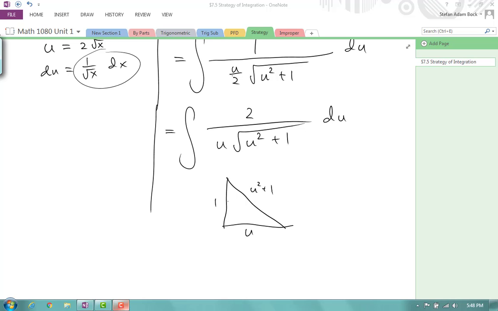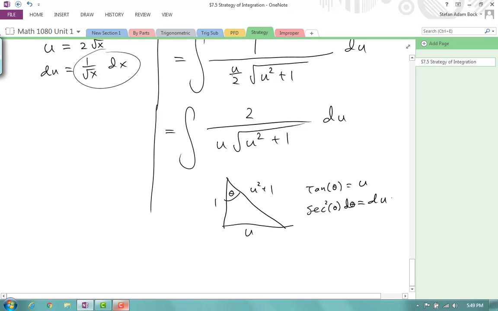I like tangent, so let's let this be my angle theta. That way tangent of theta is equal to u divided by 1. So if I take that derivative, secant squared of theta d theta is equal to du. And just for good measure, the hypotenuse divided by the adjacent would be secant of theta. Hypotenuse over adjacent would be the square root of u squared plus 1, well, divided by 1.